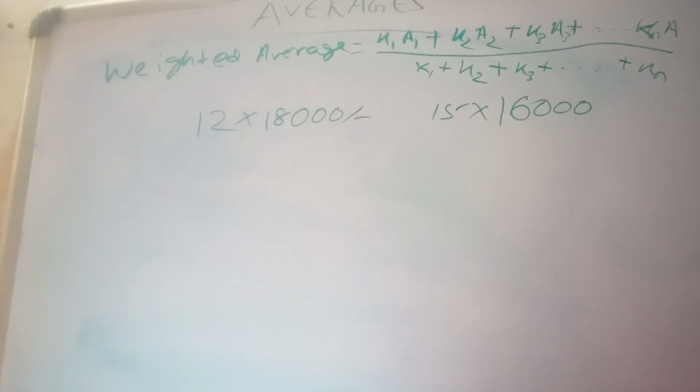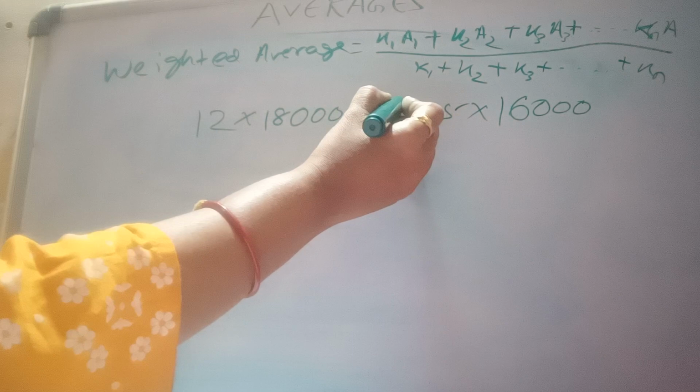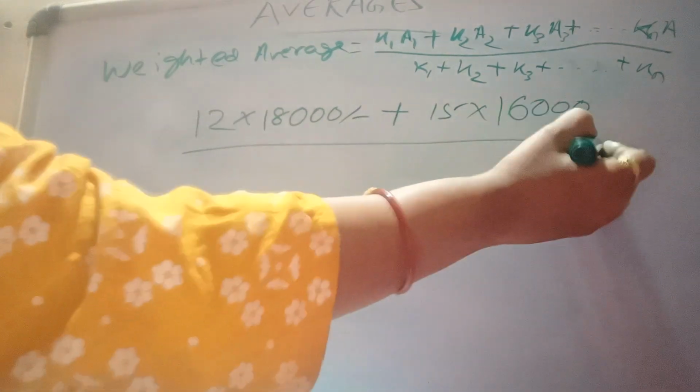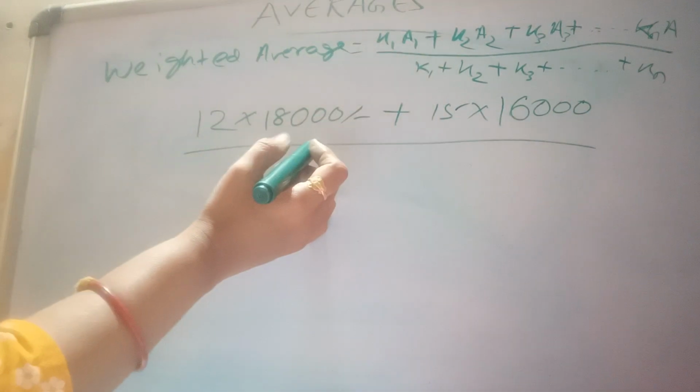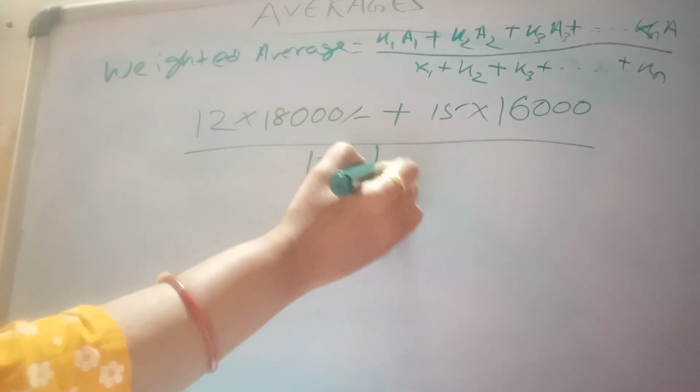So, the average salary of all the 27 employees is how much? Here 12 plus 15 is 27. So we will add these and divide by, according to our rule, 12 plus 15.